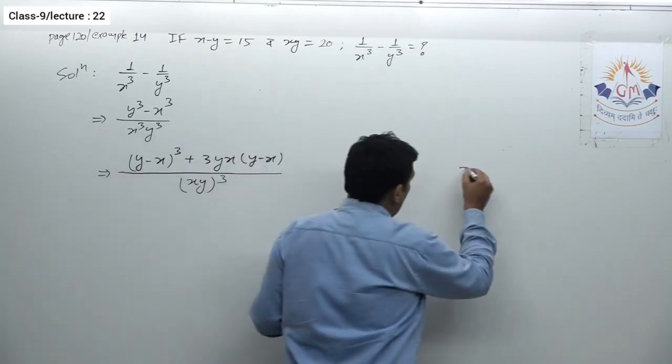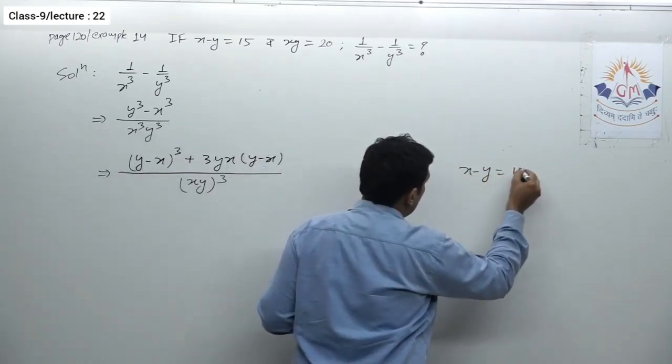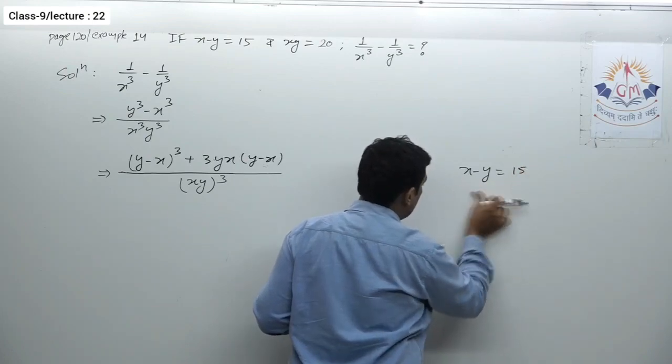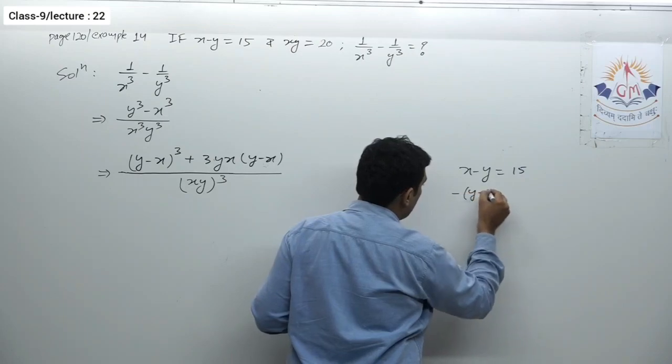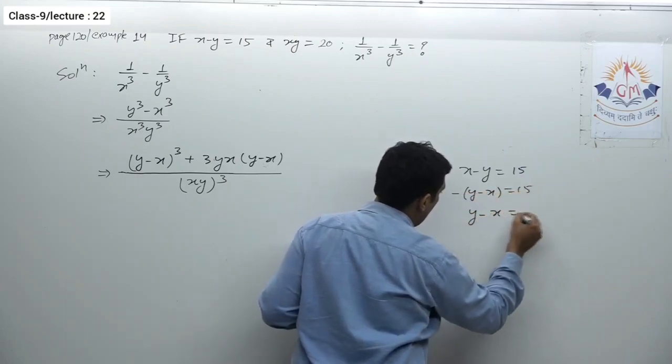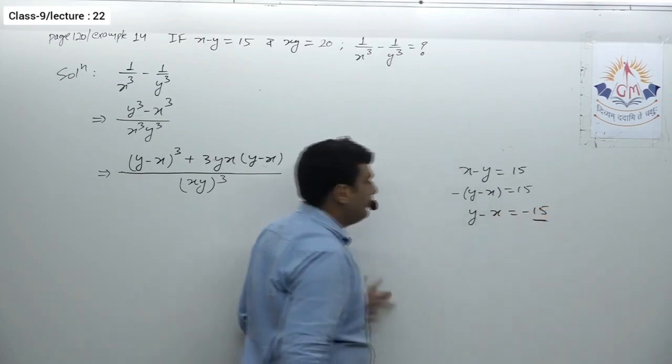We have x minus y is equal to 15. If I take the minus sign common, this becomes y minus x equal to 15, so ultimately y minus x will be equal to minus 15.